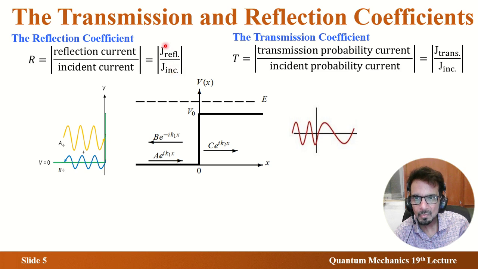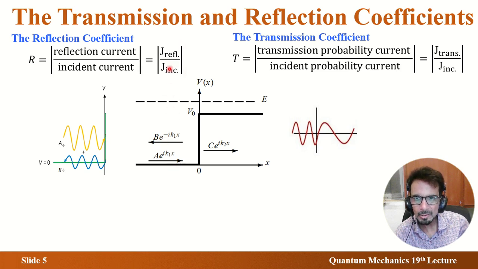And I have to take an approximation. Maybe I start with incident. Incident means a plane wave which is coming from the left to the boundary. I'm using the approximation that it's a plane wave, and I've told you it's actually a wave packet, but I'm approximating it by a plane wave. For a plane wave, I've shown in the previous lecture the actual calculation of the expression for probability current.